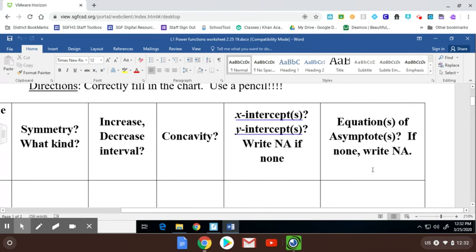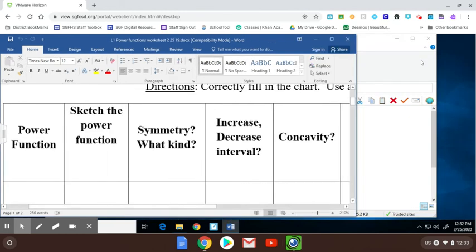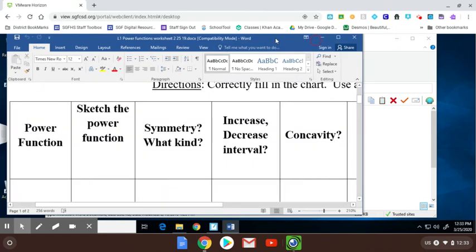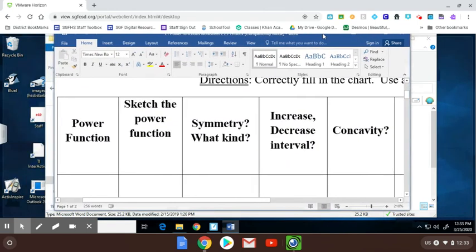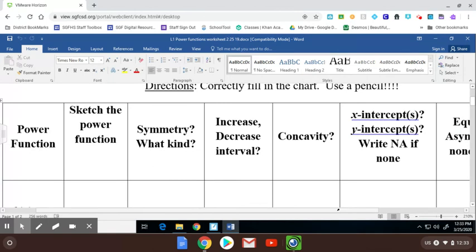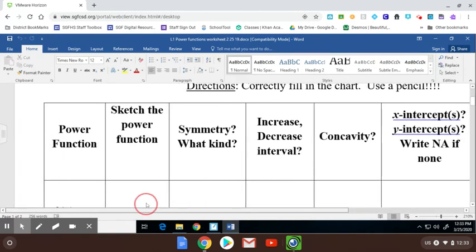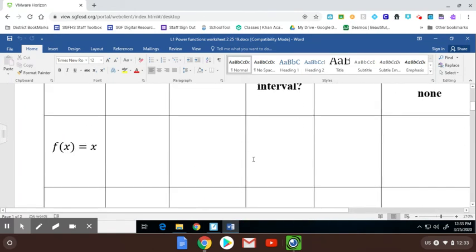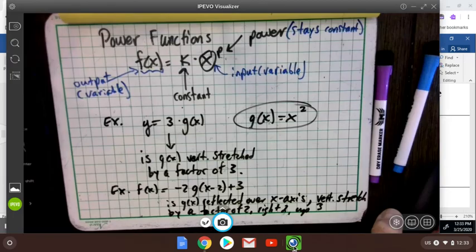So the first one is super dull, but we can kind of go through it. Make sure you're understanding what I'm putting down, which, please, I hope you are, since it is the line y equals x. All right, here we go.